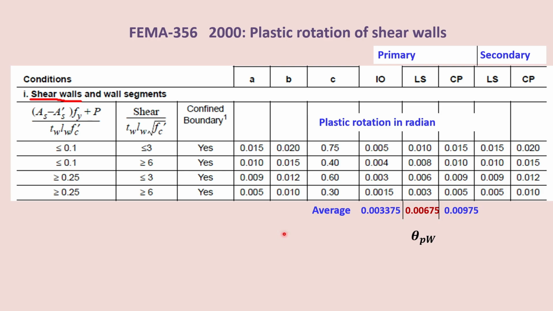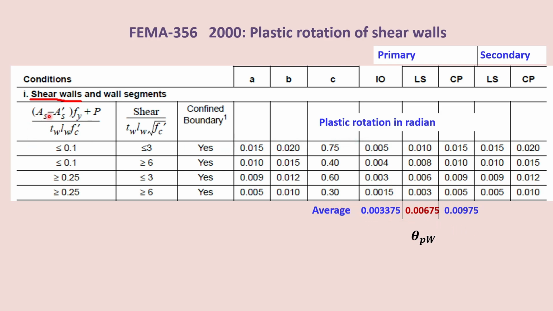Now the theta PW we had been talking about are given in FEMA 356 and also in the ASCE 41 document. In using the ASCE 41 document, one must be very careful, because the difference between the primary members and secondary members has been given in a cumbersome way, and it creates confusion. So it may be safer to use FEMA 356.